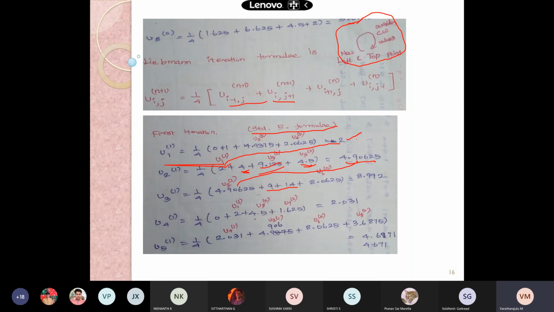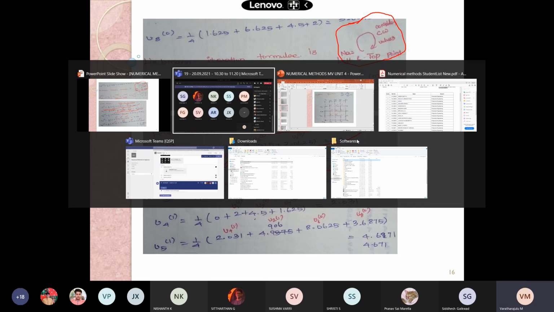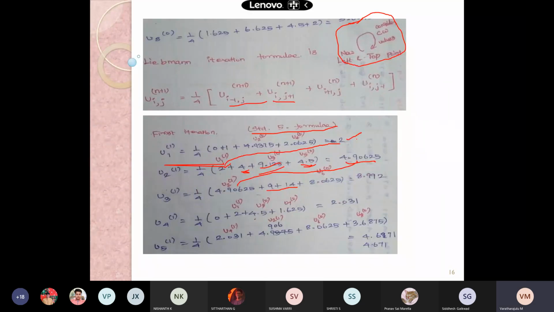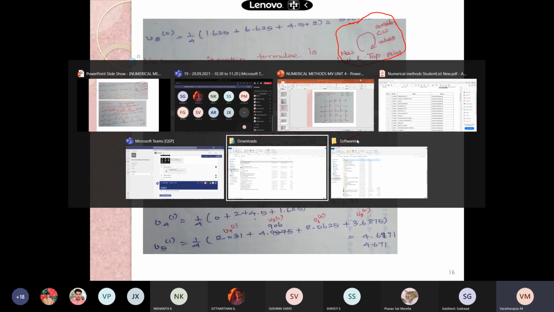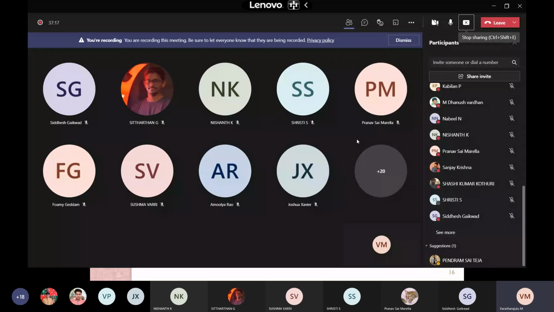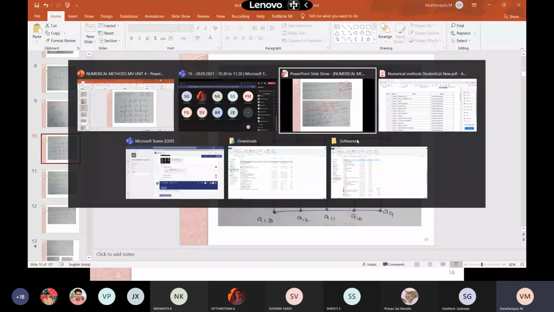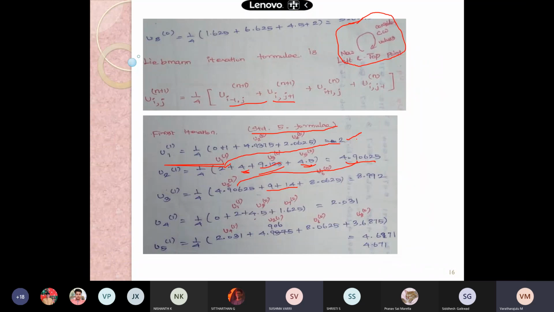Pranav, you calculate U2. For me, you calculate the U3 value. Siddharthan, you calculate U4. Sushma, you calculate the U5.